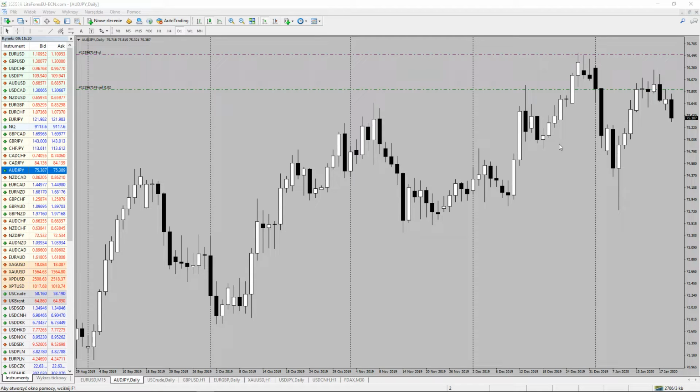It would be good, from my perspective, to see the market going lower below 75. I'm going to watch the developments, and below 75 the next possible target is around 74. So that would be a nice development, right?